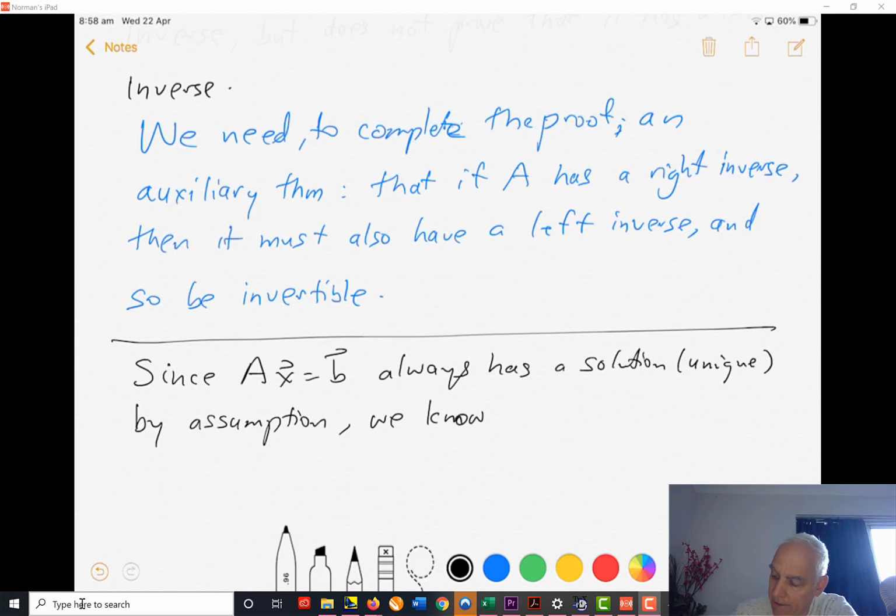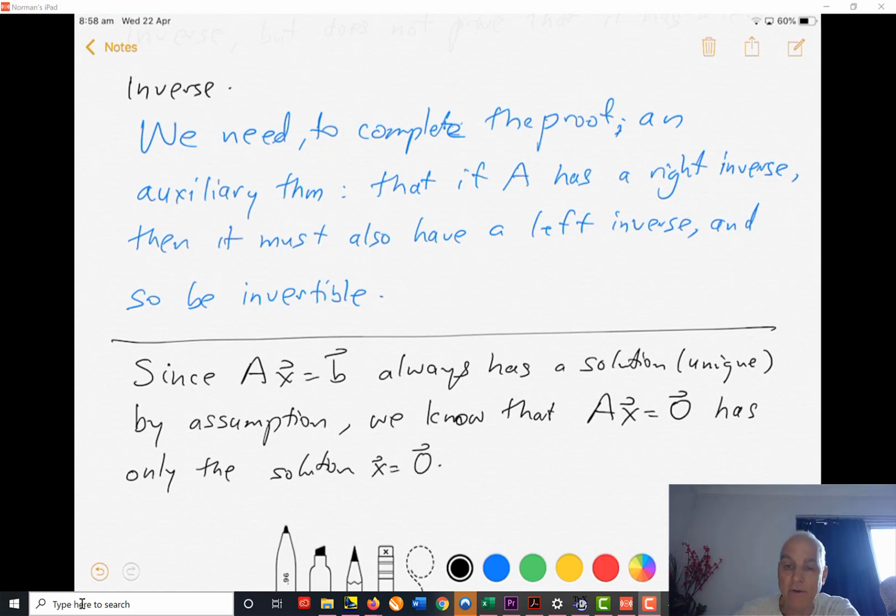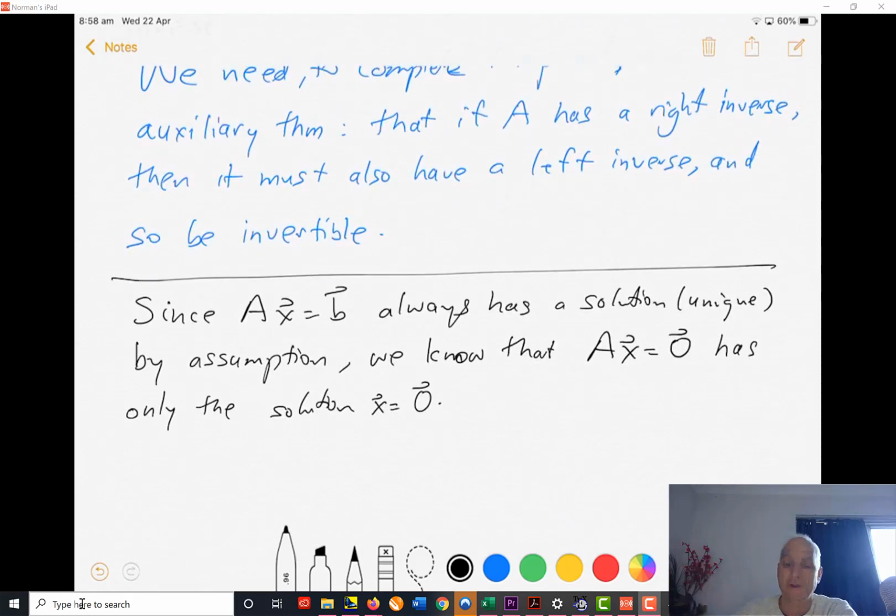We know that AX equals 0 has only the solution x equals 0. So there's also a unique solution if we put the simplest vector on the right-hand side, the vector 0. So this simplified equation, a homogeneous equation, AX equals 0, always has a unique solution, and that's the solution x equals 0.